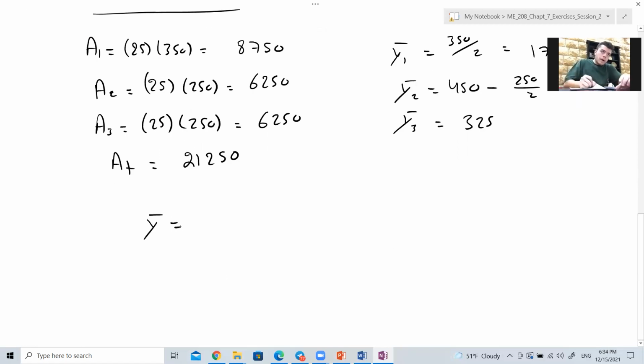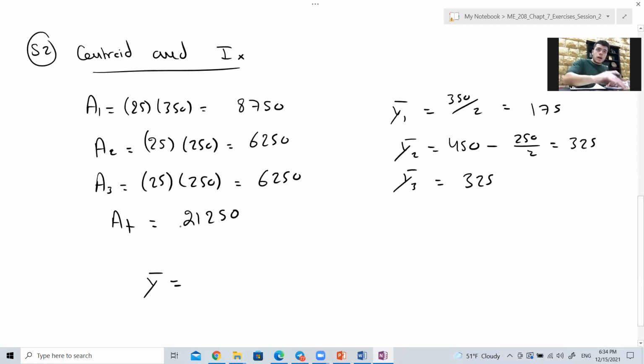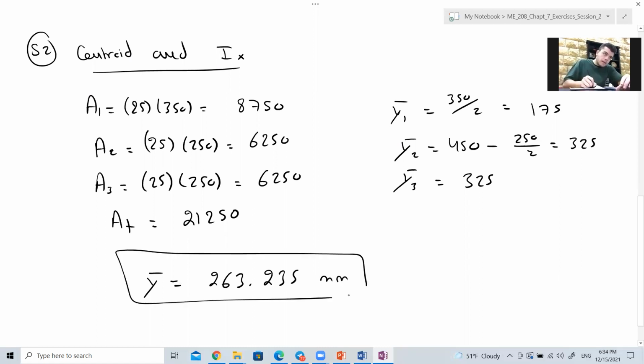So we get y bar equals 8750 times 175 plus 6250 times 325 times 2, divided by 21250, which gives 263.235 millimeter. This is y bar.